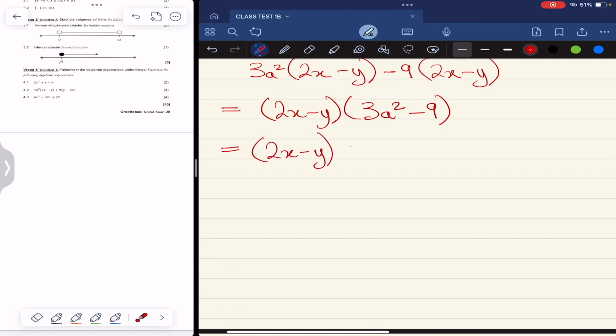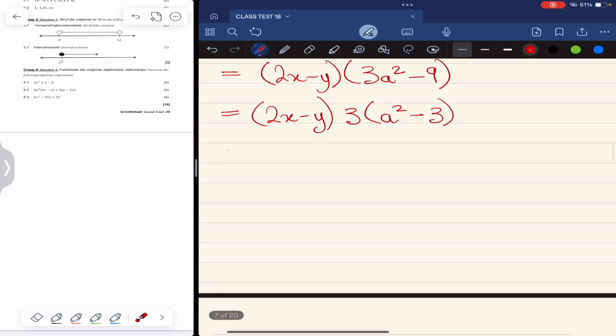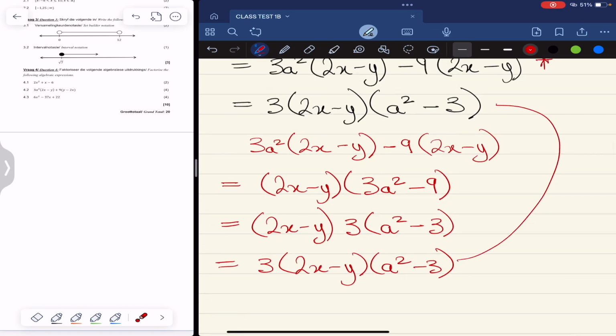So you would have said, okay, 2x minus y, and in this bracket I'm going to take out a 3, and I'll be left with 3a squared minus 3, and to write this neater, we can just move the 3 to the front, and we'll end up with the same answer like over here. 3(2x minus y)(a squared minus 3).